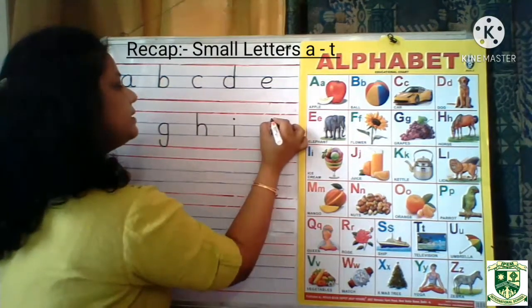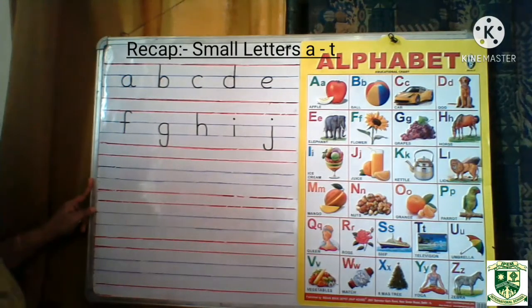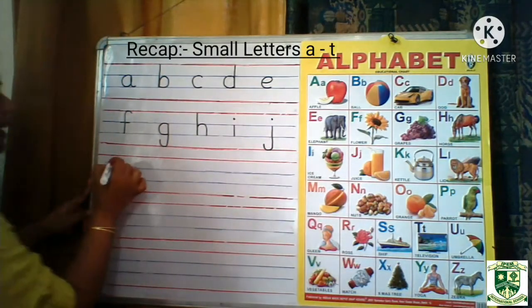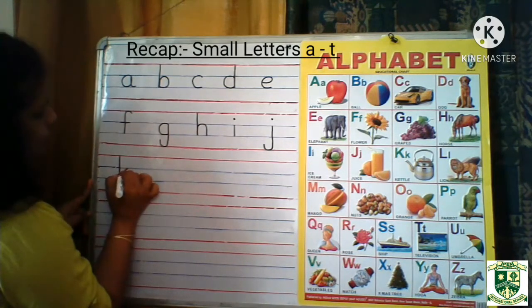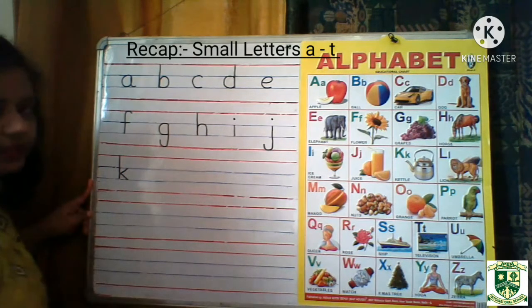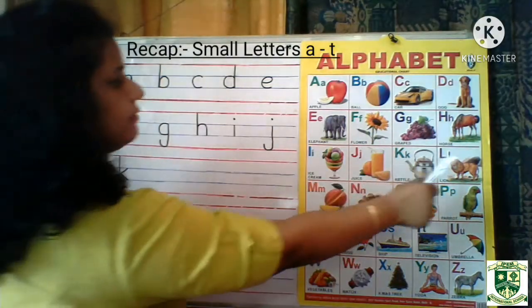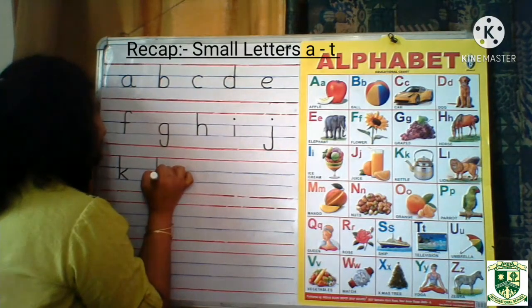And then a small dot. What comes after j, children? k. How will we write small k? One standing line and then two slant lines in between the blue lines. Now what comes after k? l. Very easy, only one standing line.